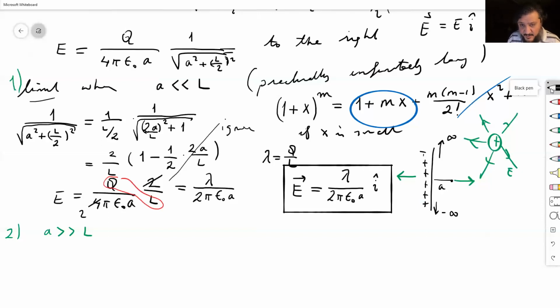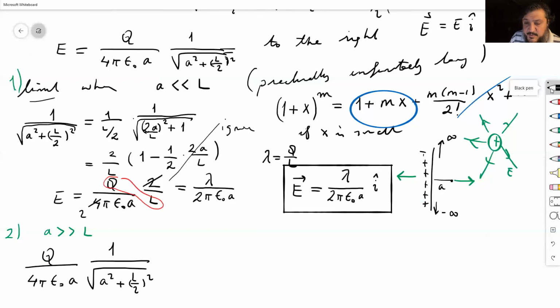Let's prove it, though. So this formula above, Q over 4 pi epsilon 0 A, 1 over square root of A squared plus L over 2 squared. If L is so small compared to A, L squared is so small compared to A squared as well. So you can ignore this term here.